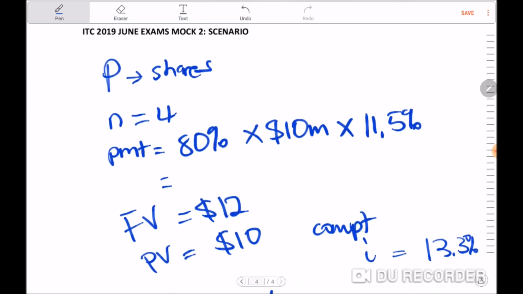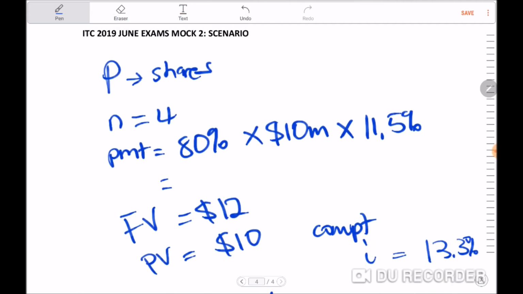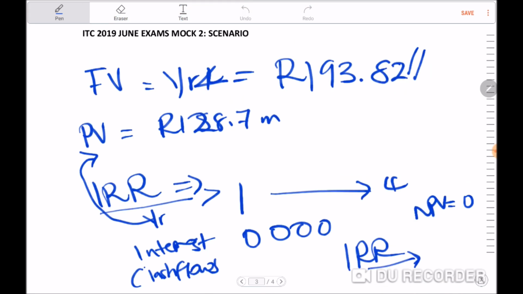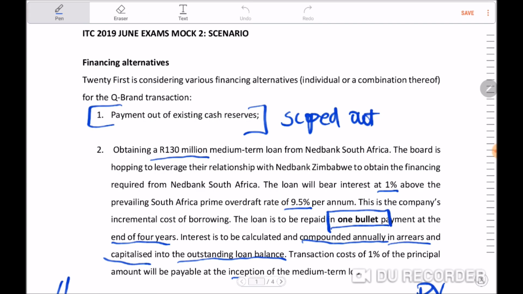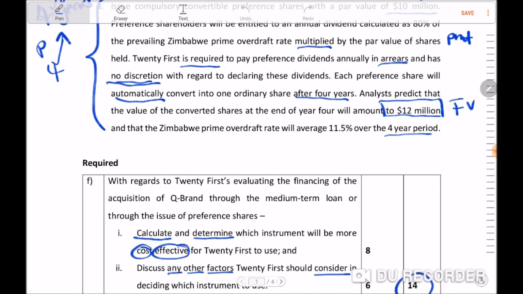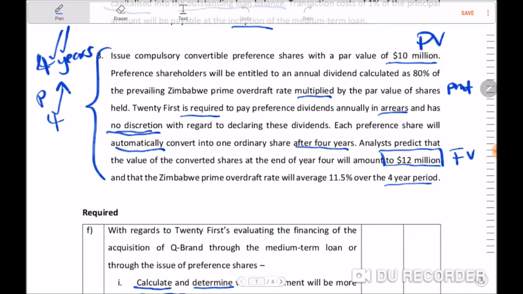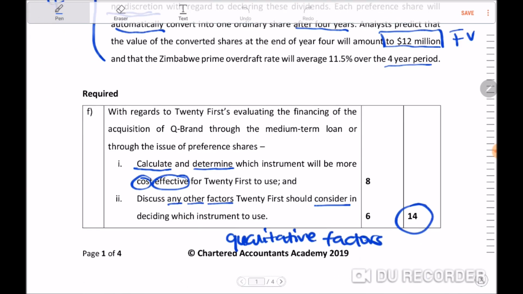So your take home point from this calculation, in terms of required A, part 1, you were given the characteristics of each instrument which you are supposed to now use, and the other take home point is cost effective.